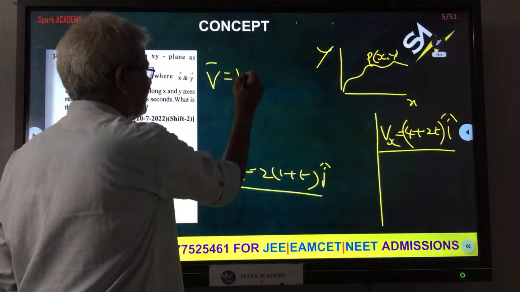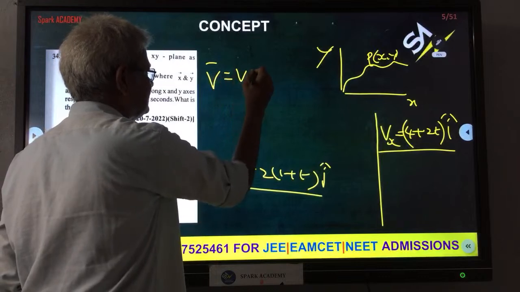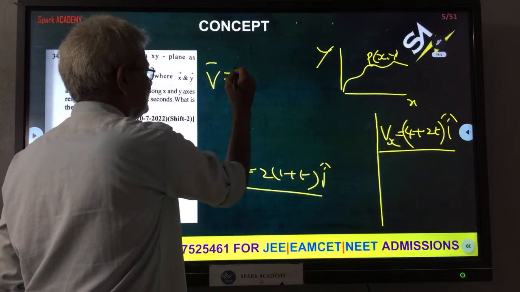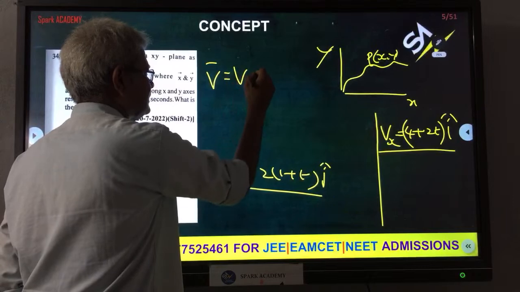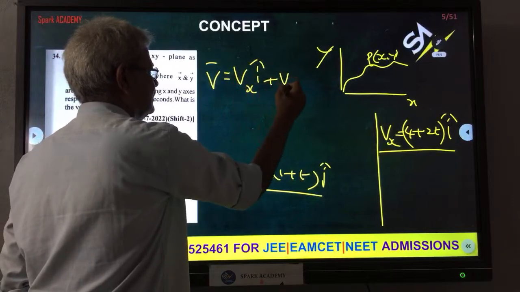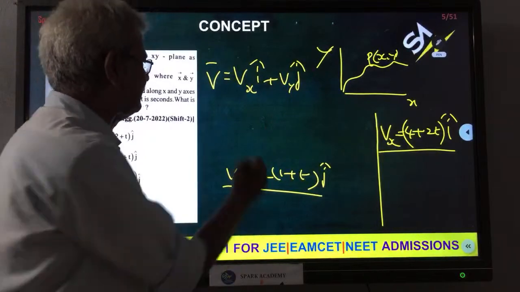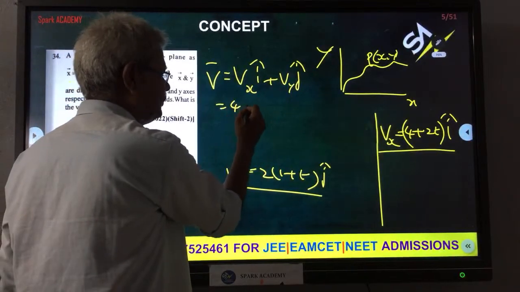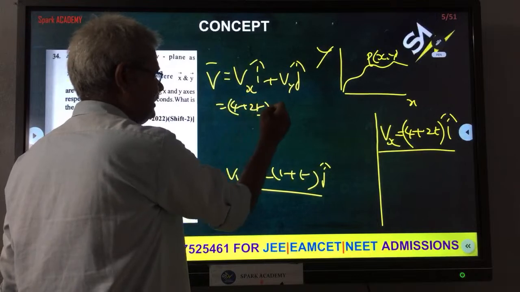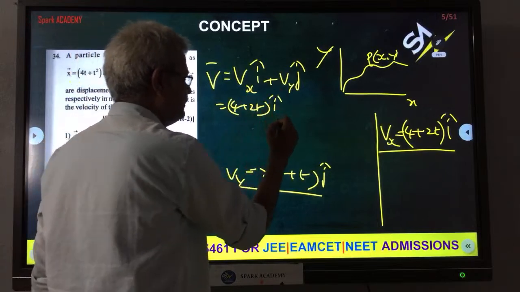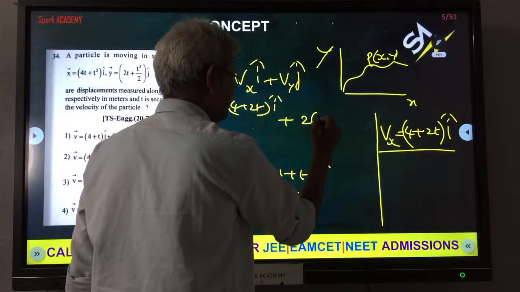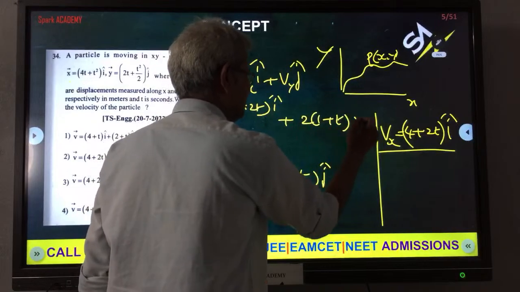Since velocity is a vector, v is equal to vx i cap plus vy j cap, and this will be equal to (4 plus 2t) i cap plus 2 into (1 plus t) j cap.